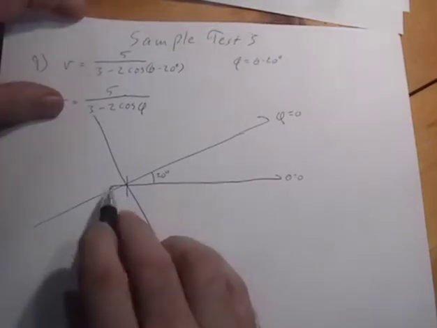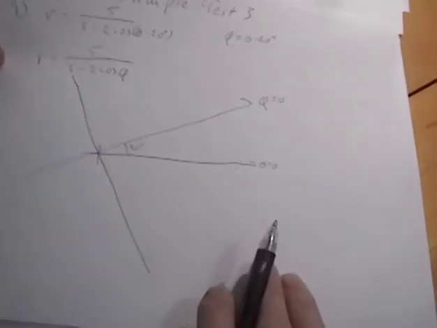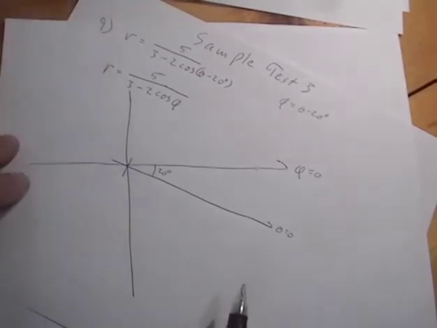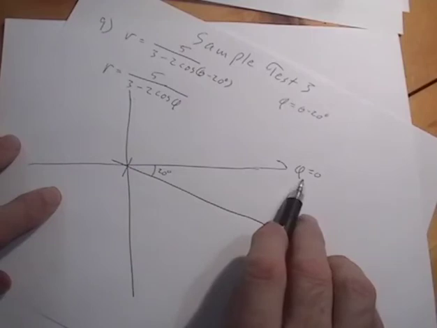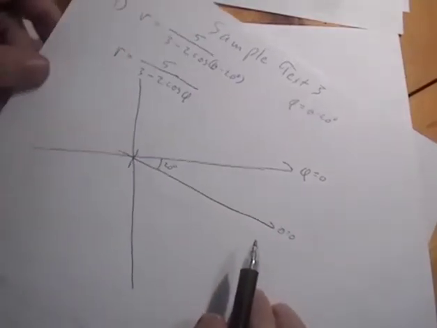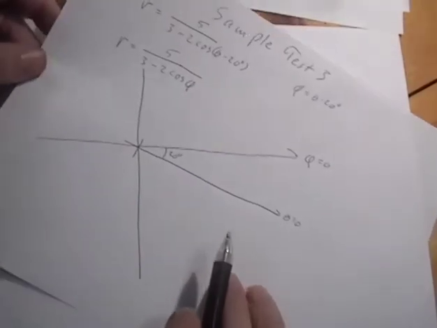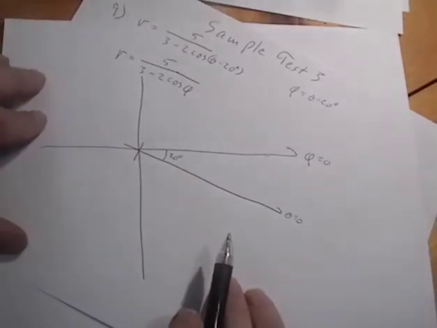Since you're used to having theta point off to the right, just lift your paper and turn it slightly. So now phi equals 0 is headed in that direction. It might be that you have to turn your paper quite a bit to get it there, but in this case, just that 20-degree turn will do.